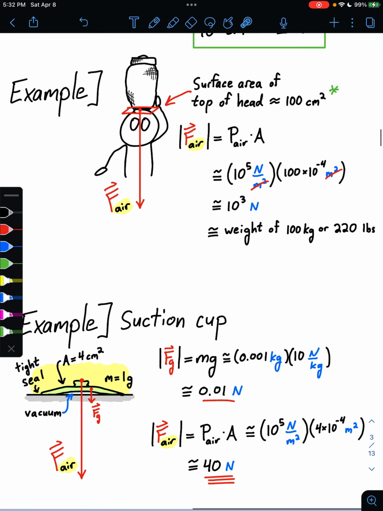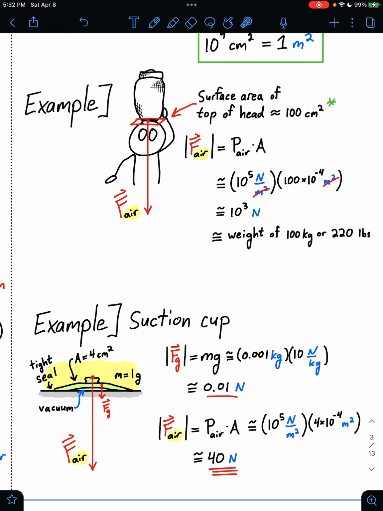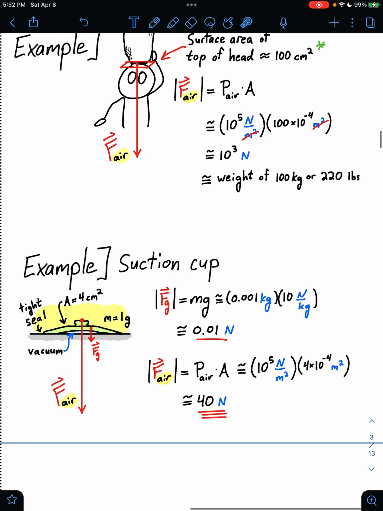Second example here is the idea of a suction cup. Suppose we've got a little plastic suction cup here pressed onto a flat surface. And the idea with the suction cup is that you do create a tight seal such that there is no air able to get in around underneath the plastic cup.